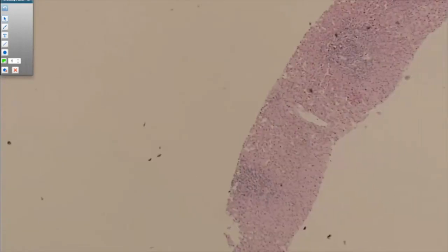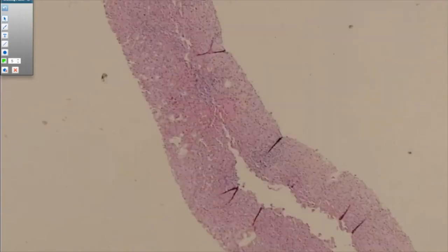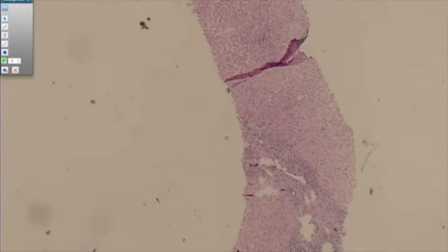In Banff criteria, there is a general assessment and the RAI score, which is a more detailed assessment. There are 2 different classifications. I usually use the general assessment, where we grade mild, moderate, severe rejection.